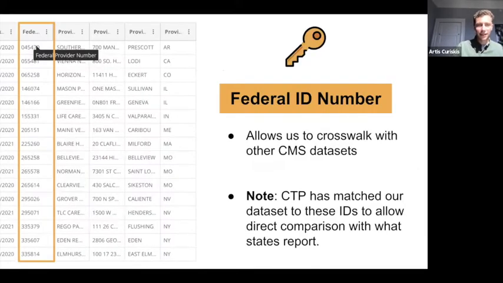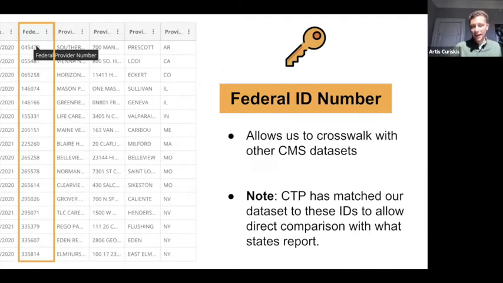The key thing, as Kara had mentioned earlier, that we integrated into our LTC data set was the federal ID number. And the real importance of this is that it's allowed us to cross-check everything we have at the state level that we've collected from states to compare with what the federal government's released.